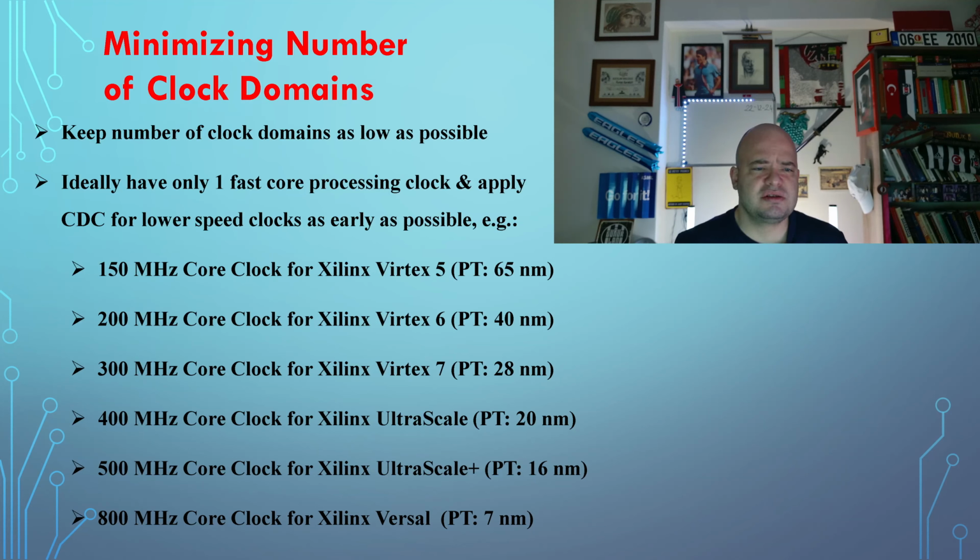We mentioned that ideally having only one fast core processing clock is preferred, and it is preferred to apply clock domain crossing for lower speed clocks as early as possible.